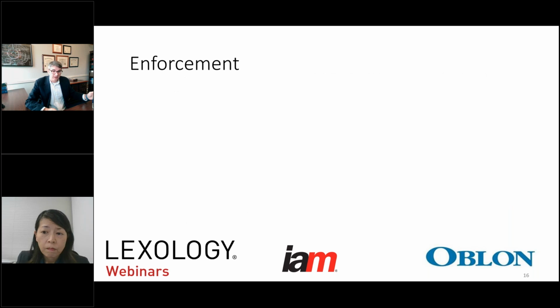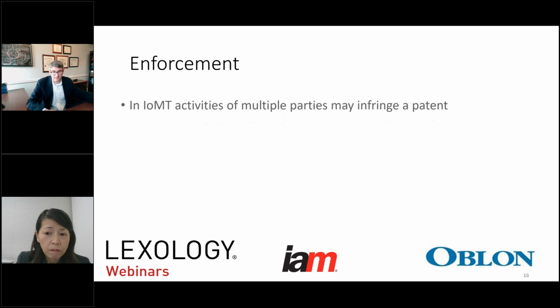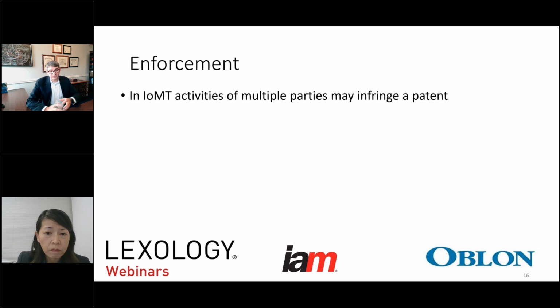Okay, so now let's talk a little bit about enforcement. We know that when we're talking about IoMT or artificial intelligence, often there are activities of multiple parties involved. So if we think about it, there could be someone that designs or operates the sensor that obtains the data.